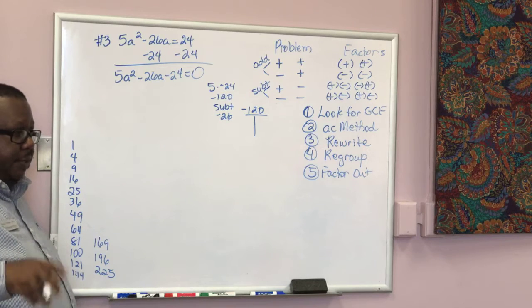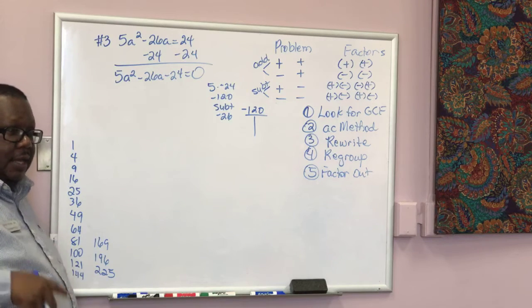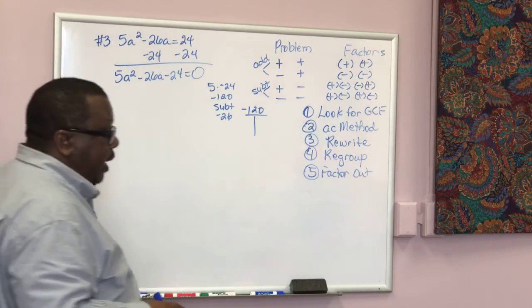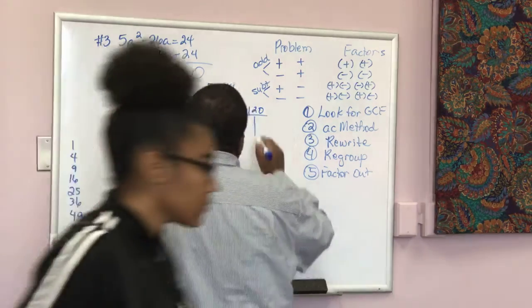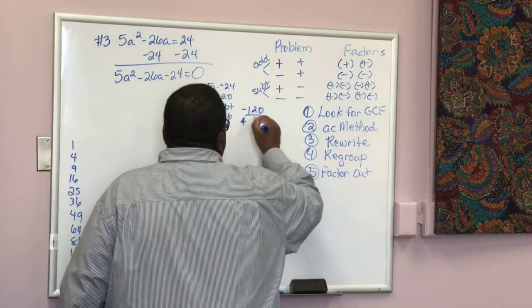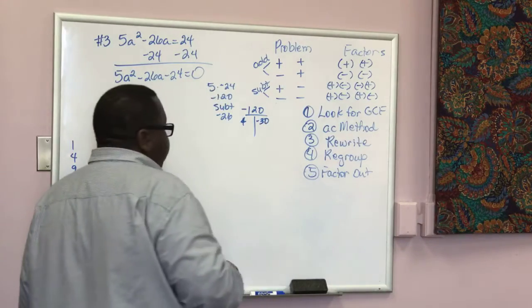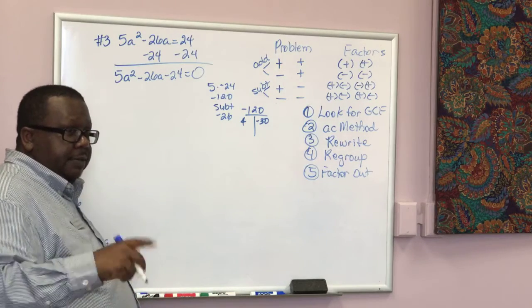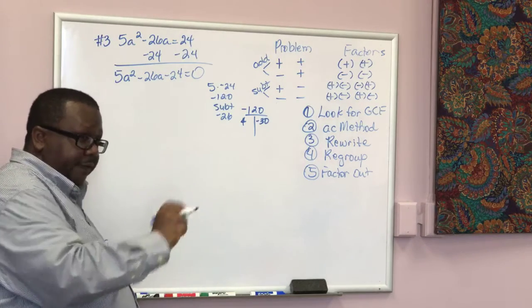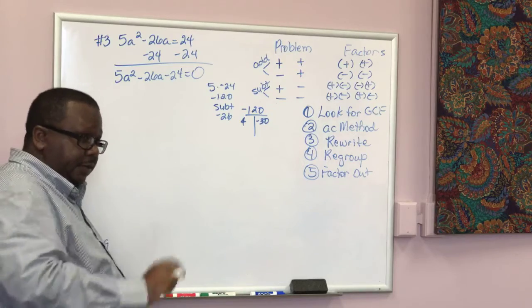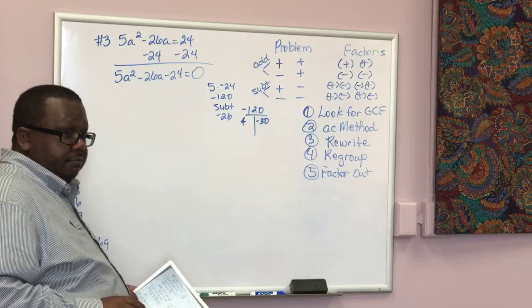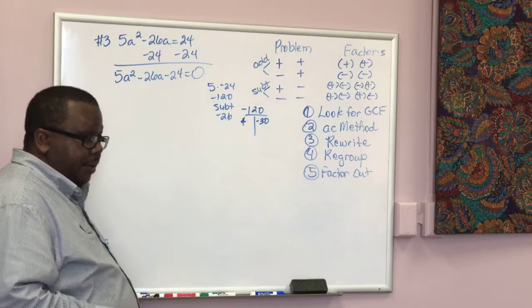This is where your calculator comes in use, dividing to figure out what they're supposed to be. 4 and 30, it'll be a 4 and negative 30. Those factors will work. You usually go to the calculator and figure them out. But if you get stuck, go on to the next problem and come back to it later.